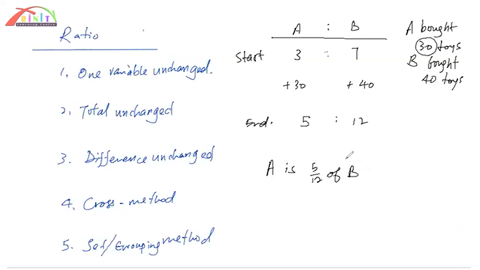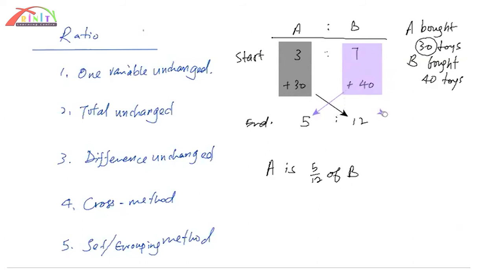So what you've got to do at this point is take these numbers here and multiply them by 12. And you will also need to take these numbers here and multiply them by 5.